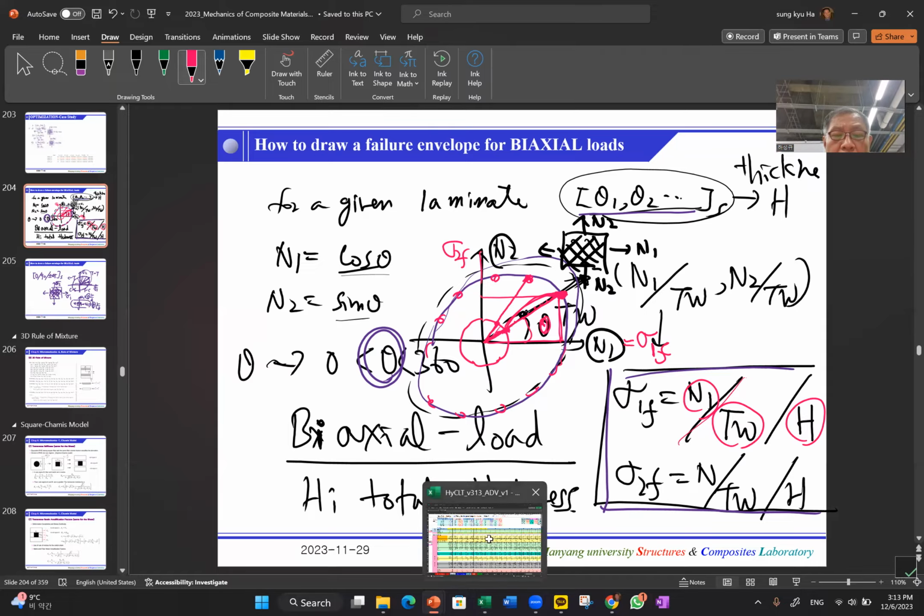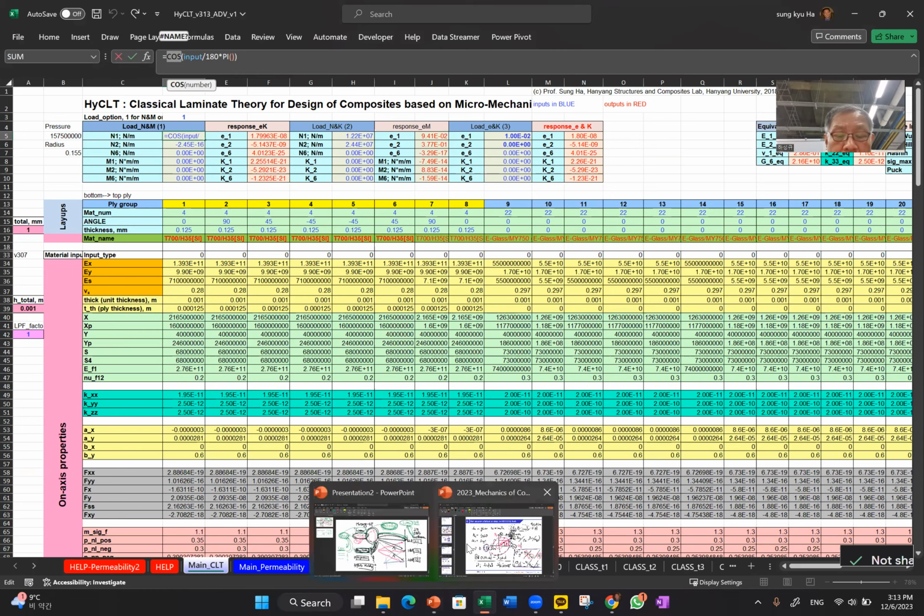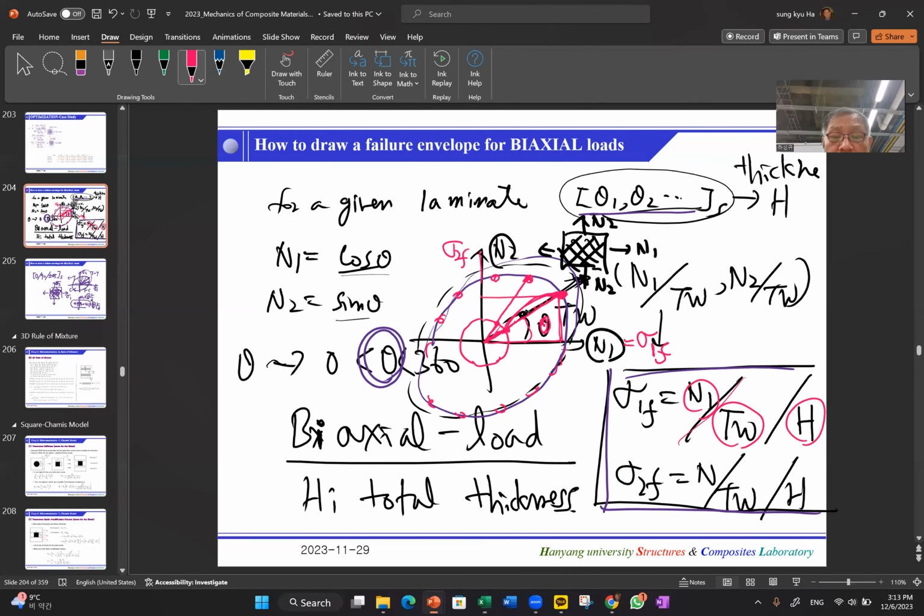So let's do it again. Here, N1 and N2, as we just discussed, N1 is just cosine theta and N2 is sine theta, to make the unit circle for the given theta.